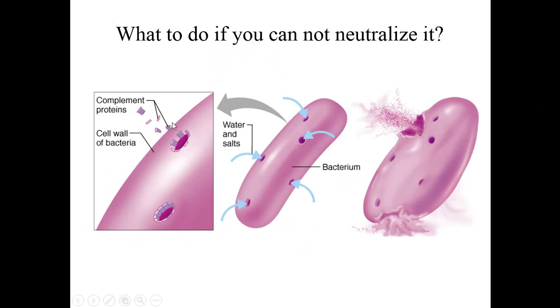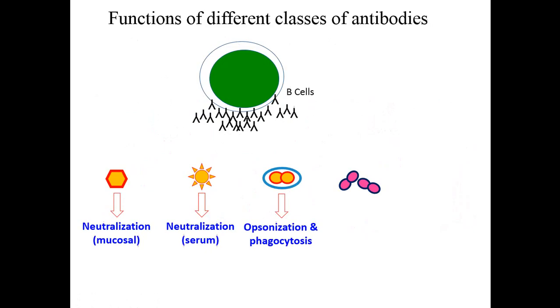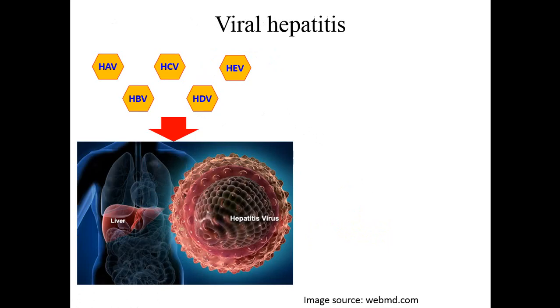And the complement proteins can aggregate at the surface of the cell and generate holes at the surface of the bacterium, and it will kill the bacterium. And they also produce other things like chemotactic molecules and some other molecules which also help in the process of defense against the bacteria. So if you cannot neutralize it or the opsonization is not sufficient, you can try to punch holes at the surface of it by activating the complement.